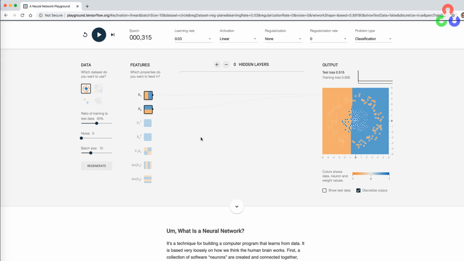What used to be done before deep learning was popular is called feature engineering. So instead of using x1 and x2 as input, you create a feature vector that consists of nonlinear transformations of x1 and x2. So here we can actually use x1 squared and x2 squared.